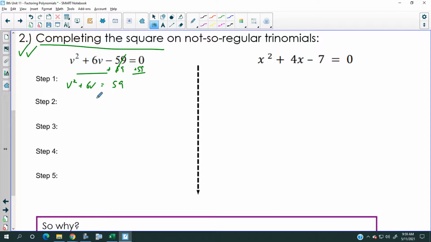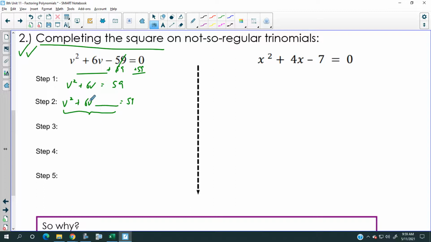Now, again, I really don't like using v as a variable. It looks like a check mark. All right, so the question now becomes: v squared plus 6v plus what will give you that perfect square trinomial on the left side?